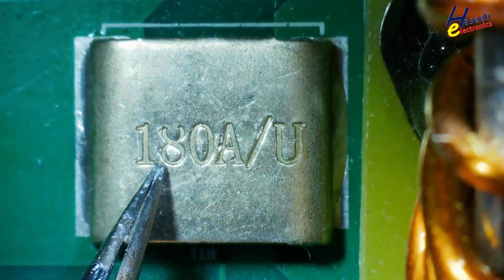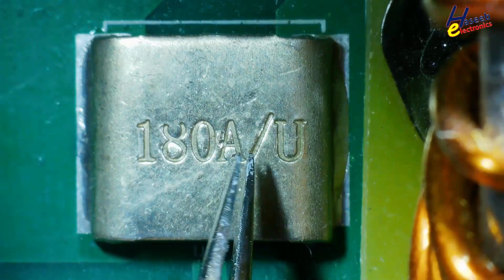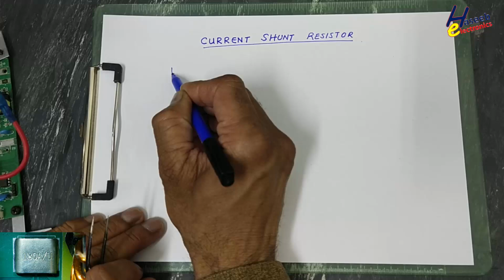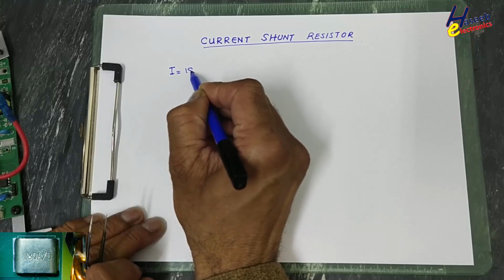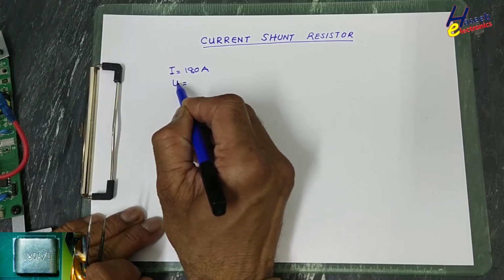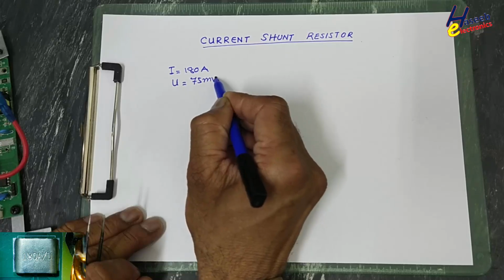In this current shunt resistance, the marking is 180 ampere oblique U. 180 ampere, that is the amount of current. U, that is the code for 75 millivolt.